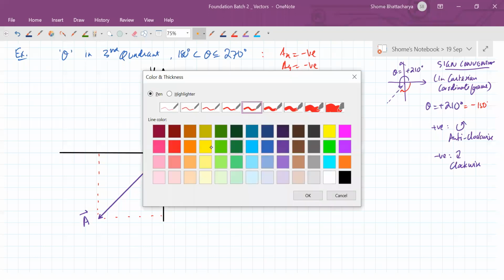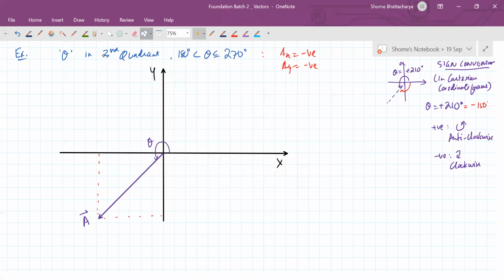Okay, so here in the diagram you can see that this will be your x component, which will be negative. This will be your y component, which will be negative. This is ax, this is ay, which is also negative.